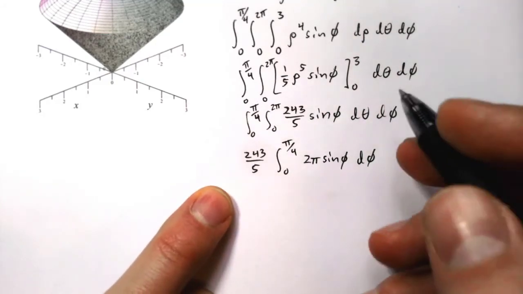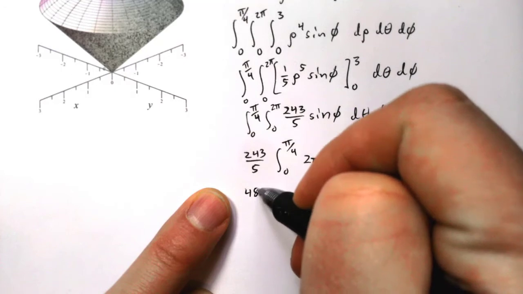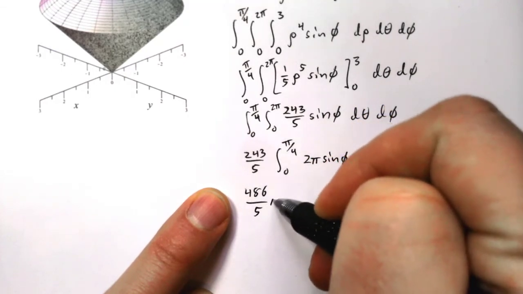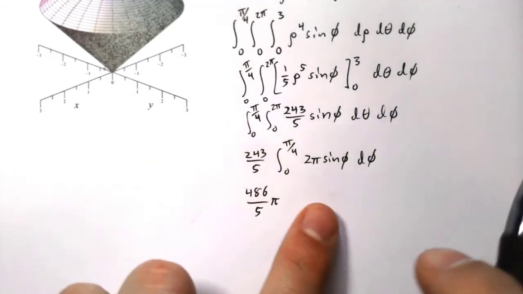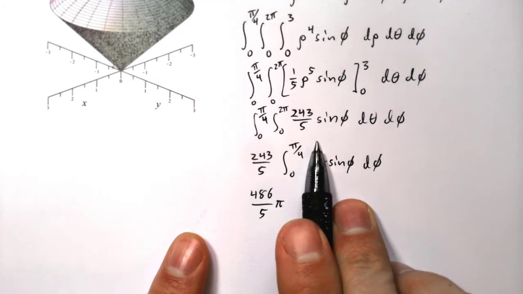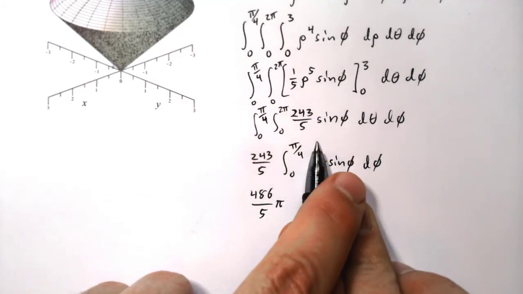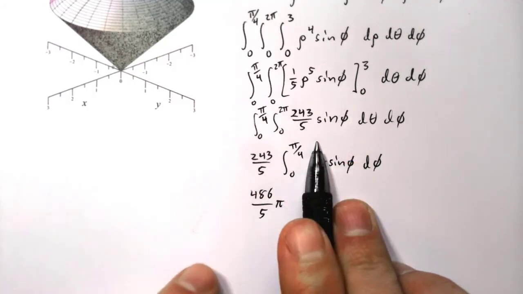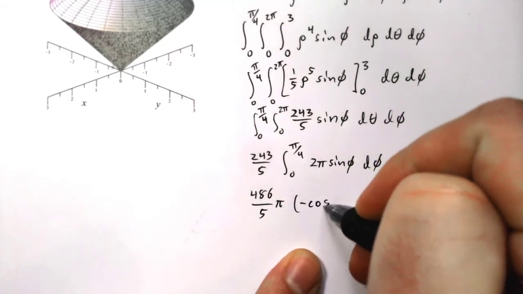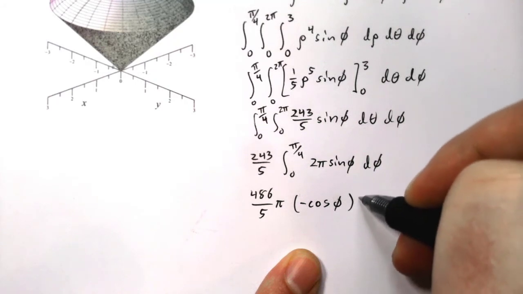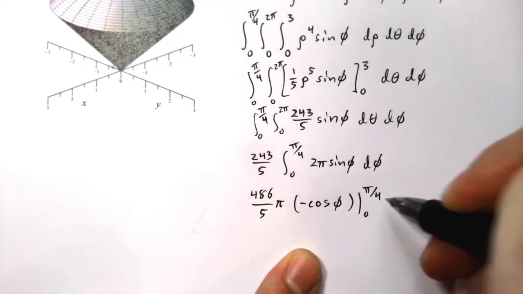When I pull the 2 pi out, I'm going to get 486 over 5 pi. And then I'm just doing this integral here. The antiderivative of sine phi is negative cosine phi. So I'm going to take negative cosine phi, evaluate it from 0 to pi over 4.